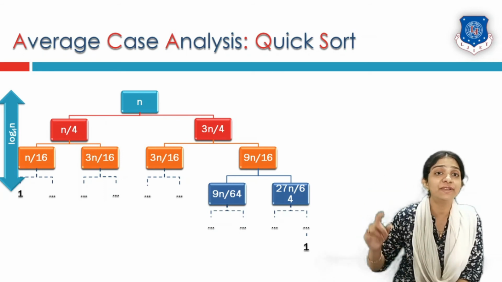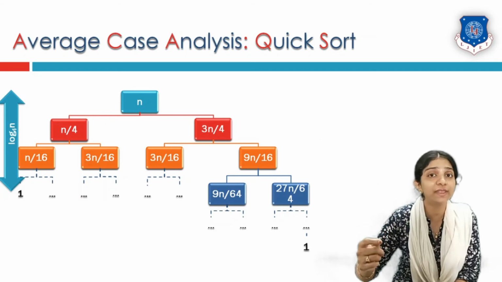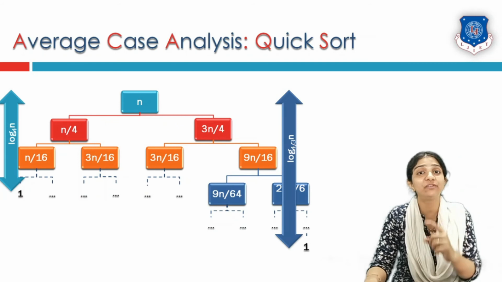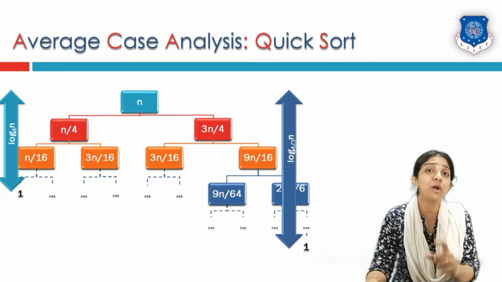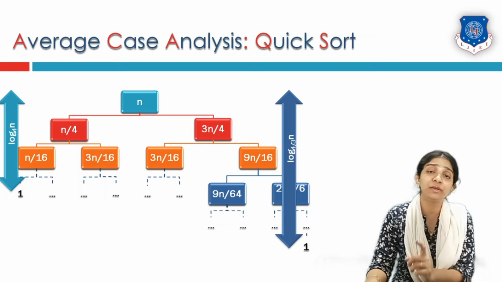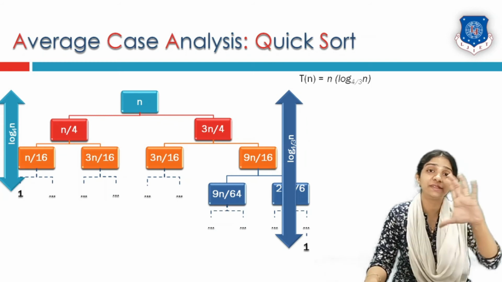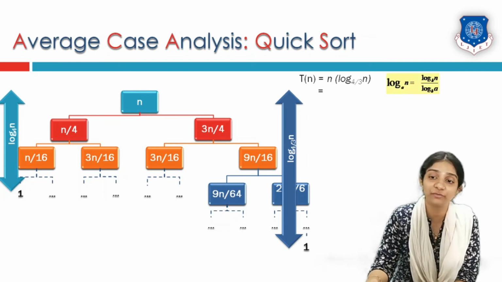So the level where we first get an element separated is log of n to the base 4. And the longest height of the tree, where we get the last one element sorted, is log of n to the base 4 by 3. So here we take the largest level, that is log of n to the base 4 by 3.